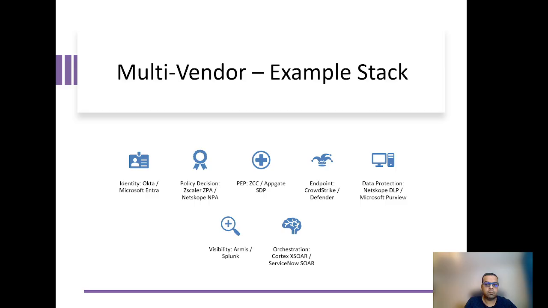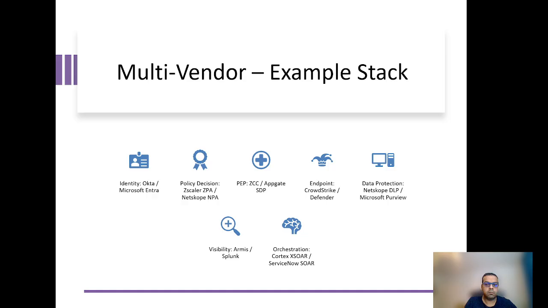Let's take an example of a multi-vendor zero trust implementation approach. Identity is covered by Okta or Microsoft Entra, policy decision by either Zscaler ZPA, Netskope, or Palo Alto, policy enforcement point is via the Zscaler Client Connector. Endpoint protection can be from best of breed EDR solutions, CrowdStrike or SentinelOne.